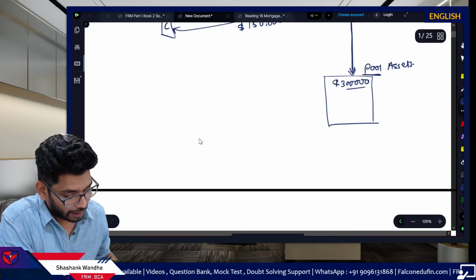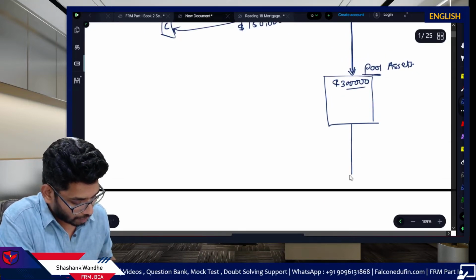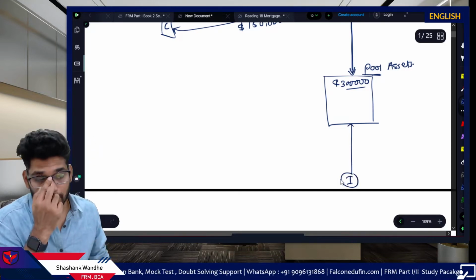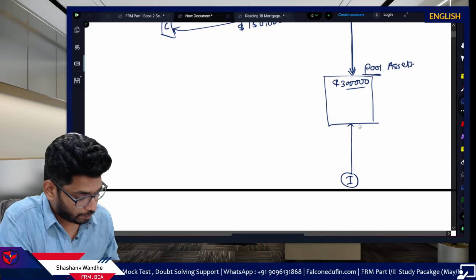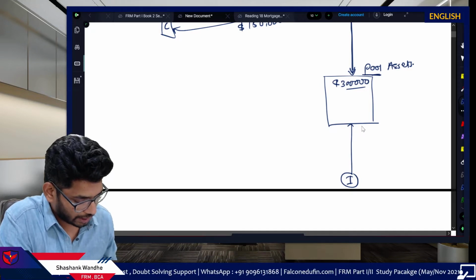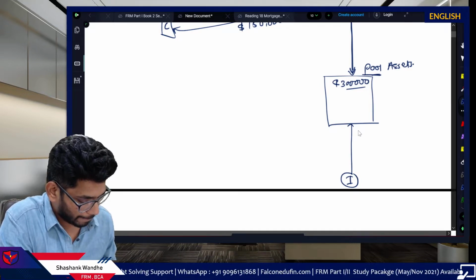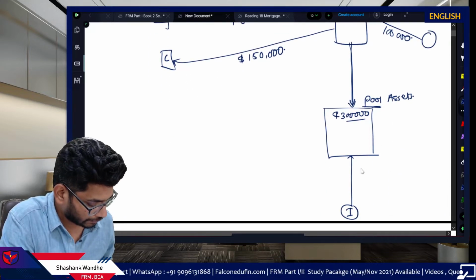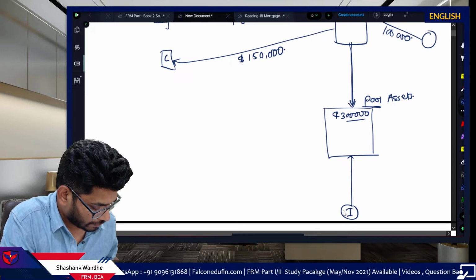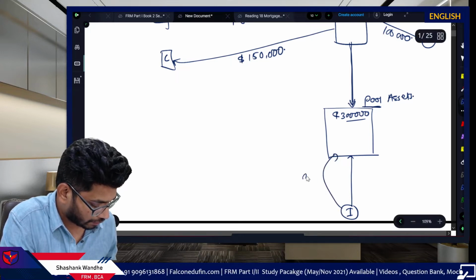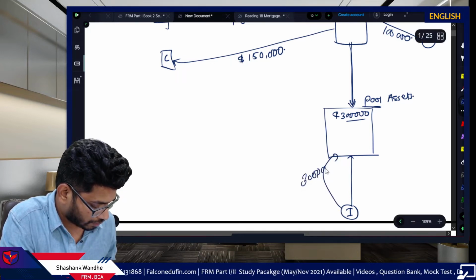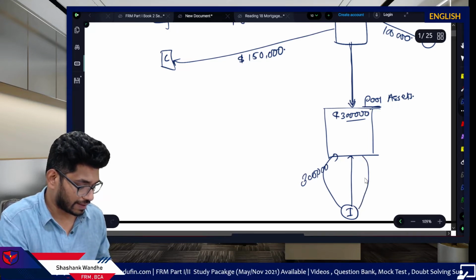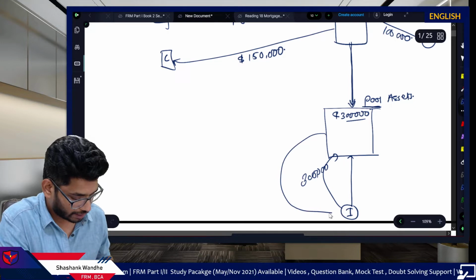And then there are investors. For now, let's assume only one investor, Mr. I. Now the investor will invest in this pool at say 10%, right? So this investor will pay 3 lakh and he will receive securities against it.